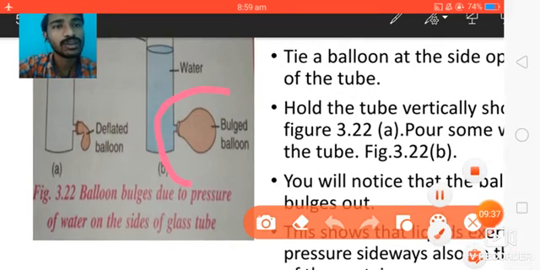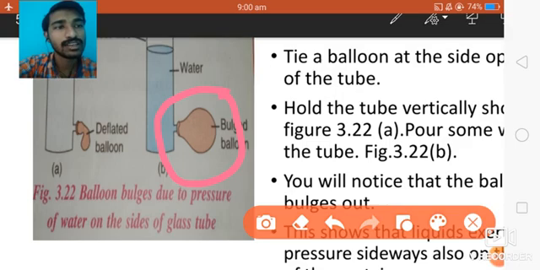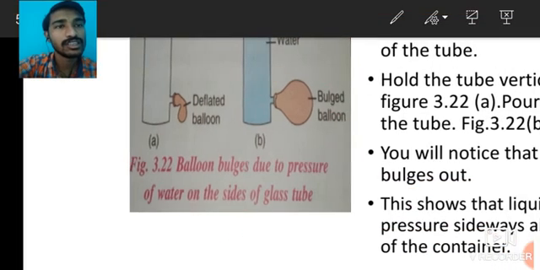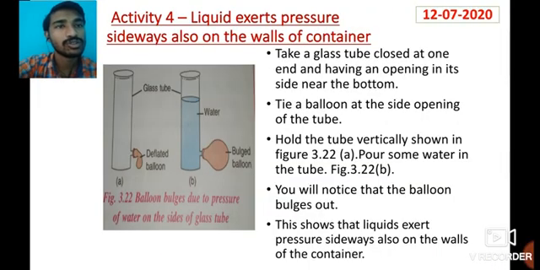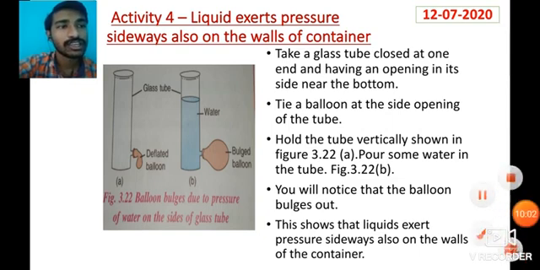Here the balloon is bulged because the liquid is exerting pressure sideways also. So these are the two activities. First one, liquid exerts pressure at the bottom of the container. Second one, liquid exerts pressure on the sideways of walls of the container.